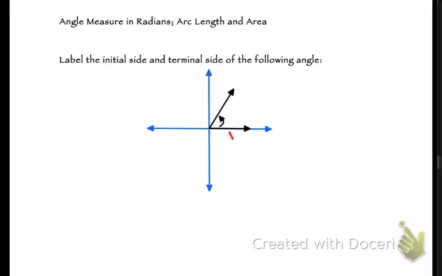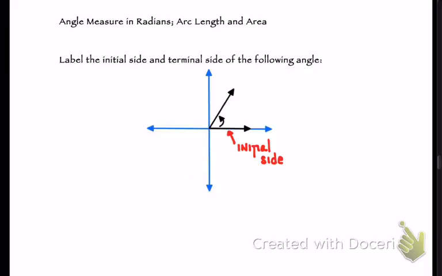Well, good news for you. The initial side will always, 100% of the time, start on the x-axis, and it will always start right there. So understanding that's always going to be your initial side, that's where you're going to start with drawing every single angle in trigonometry.